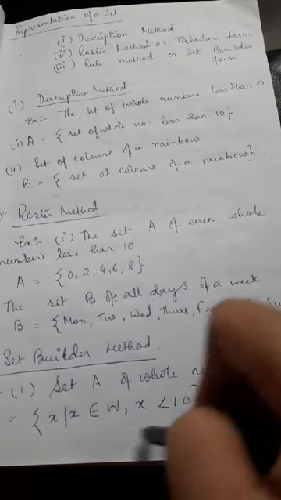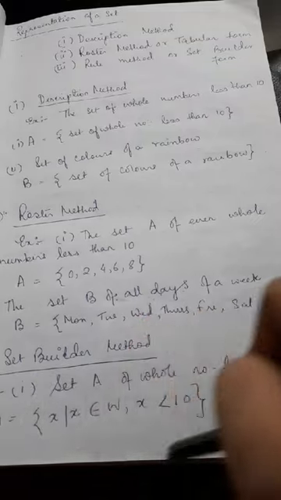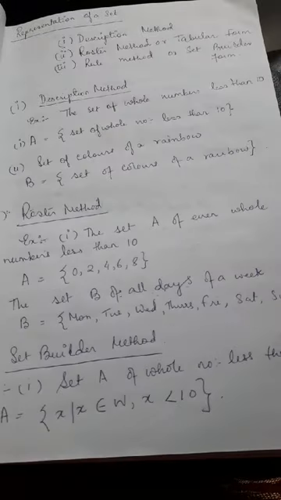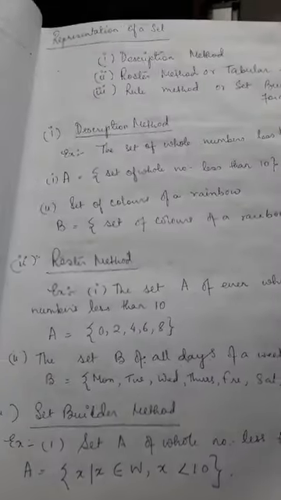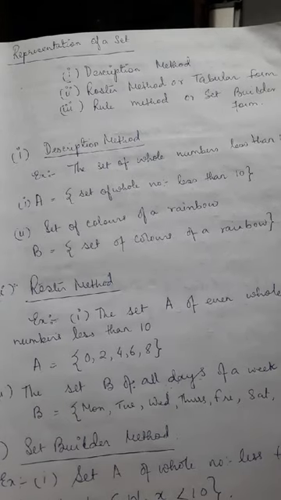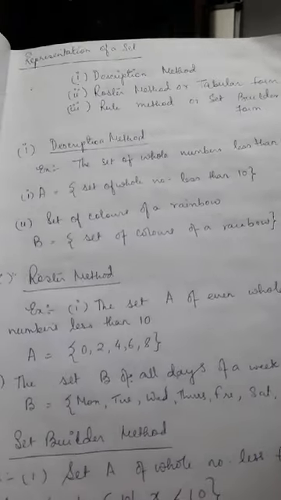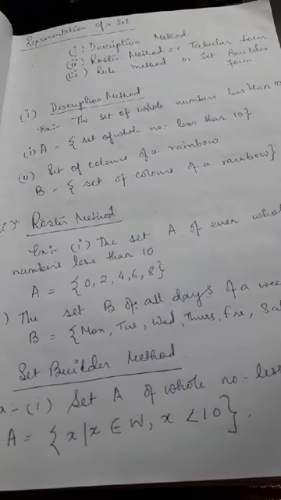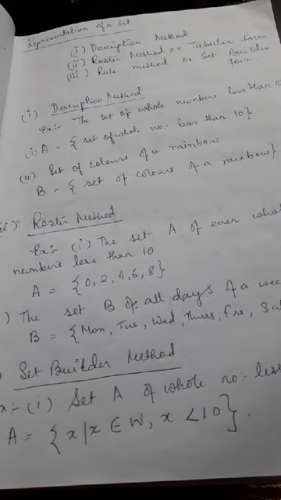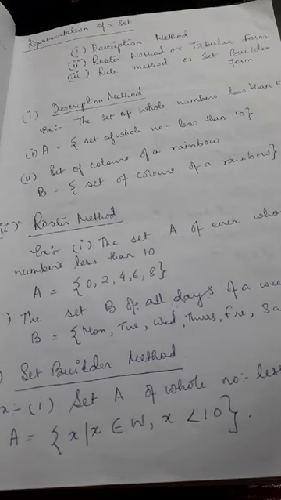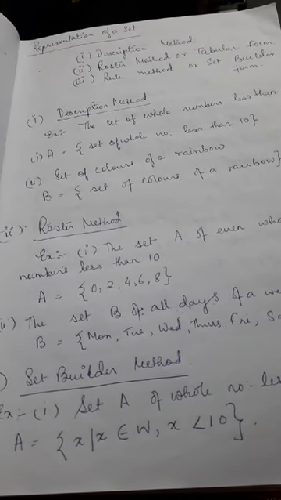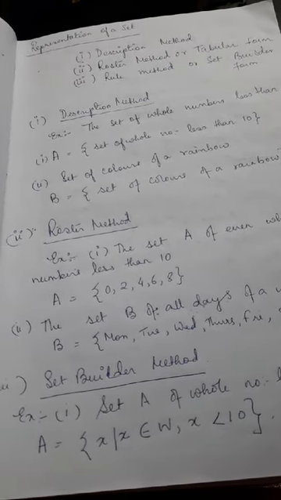You use notations in the set builder method. Now in this chapter, Sets, students, you have to clearly remember what natural numbers, whole numbers, integers, real numbers, etc. are, to identify the members of the set.